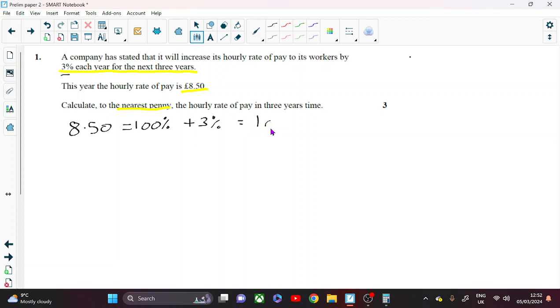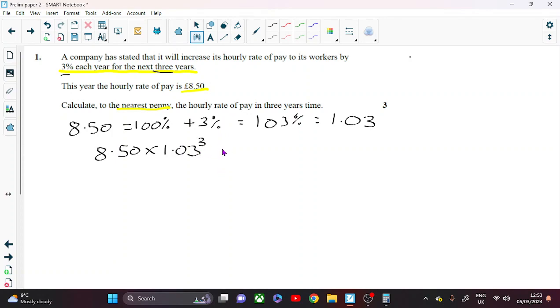So we're looking for 103%, and that's the same as 1.03. So our multiplier is 1.03 and we're doing that repeatedly for 3 years. So we have got our £8.50 times 1.03 repeatedly for 3 years, so cubed.